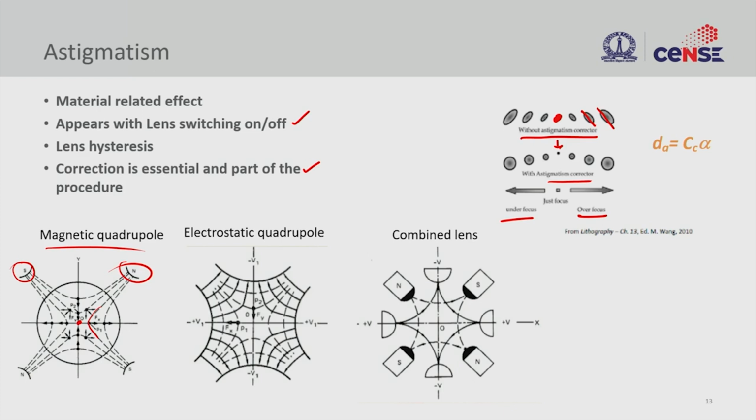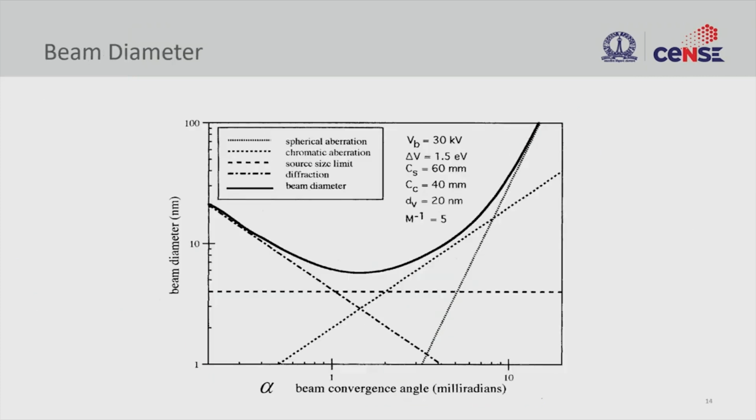On the other hand, in electrostatic lenses you apply an alternating voltage that will again create very nice fringe fields that will make the beam focus into a spot. But more often you use a combination lens, where you have both an electric lens and a magnetic lens together. So it gives you a lot of freedom to control the beam quality.